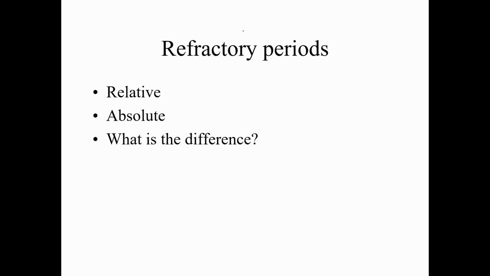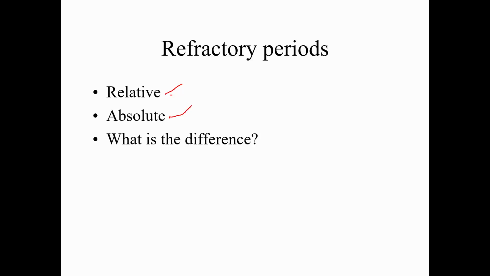And there are two kinds of refractory periods. There's a relative refractory period. In the relative refractory period, if you stimulate the neuron enough, it will generate an action potential. It might not be a full action potential, but you'll get one. The absolute refractory period, it doesn't matter how much you stimulate the neuron. It doesn't matter how big the stimulus is.